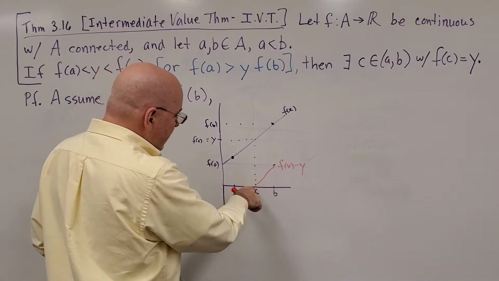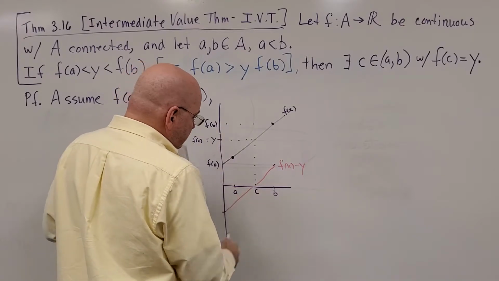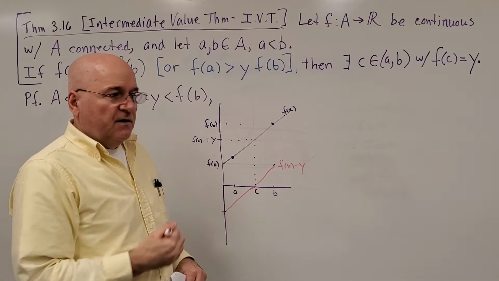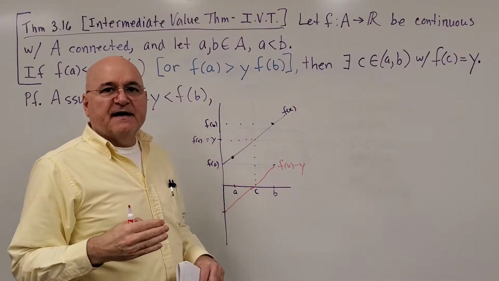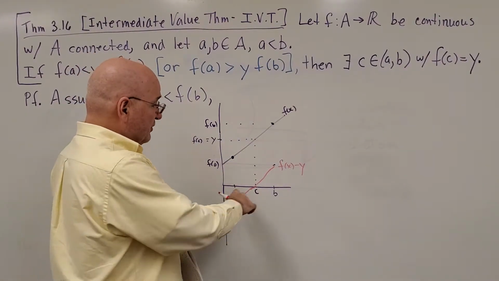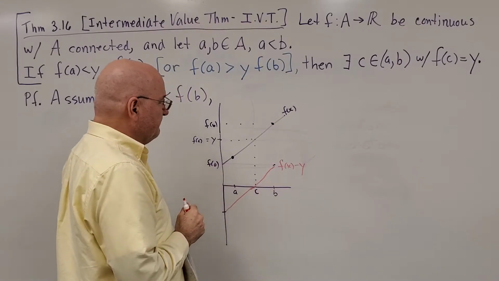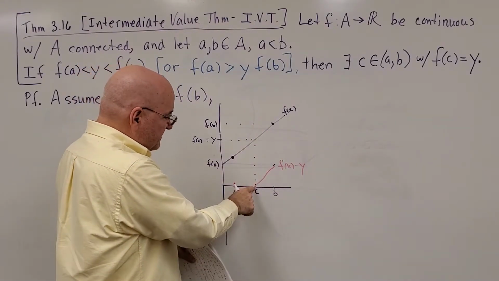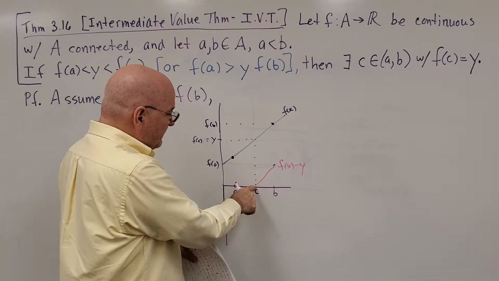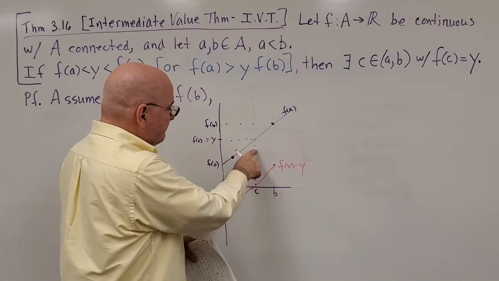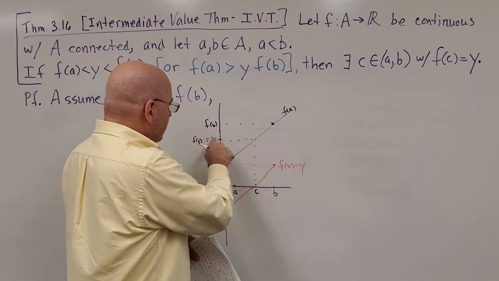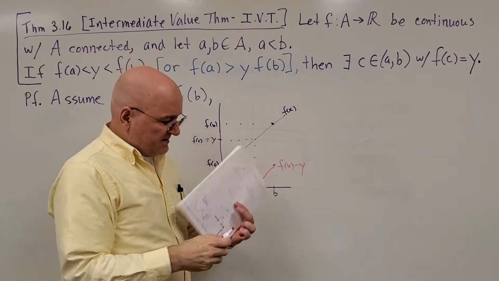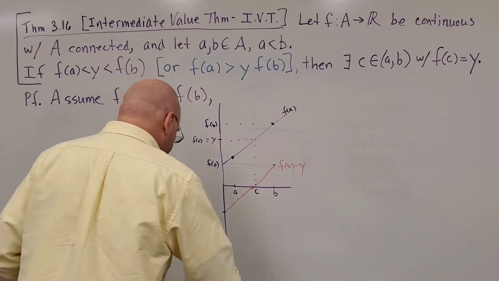Well, notice where that crosses the x-axis. Exactly at c. So you might guess that we're going to use modified Bolzano's theorem where we're looking for a zero of a function. We're going to take this function, drop it down by y, find the zero, and wherever that zero is, that's the same x value where f of that number is equal to y. So let's take a look at the proof.